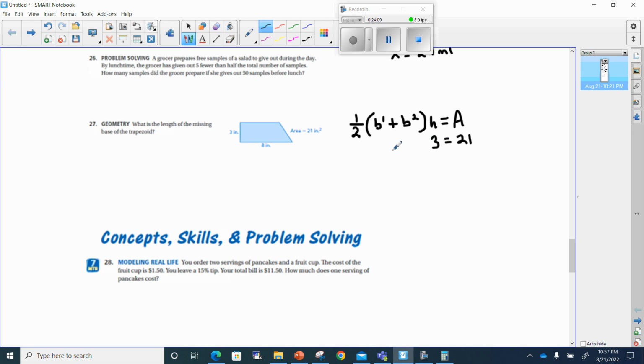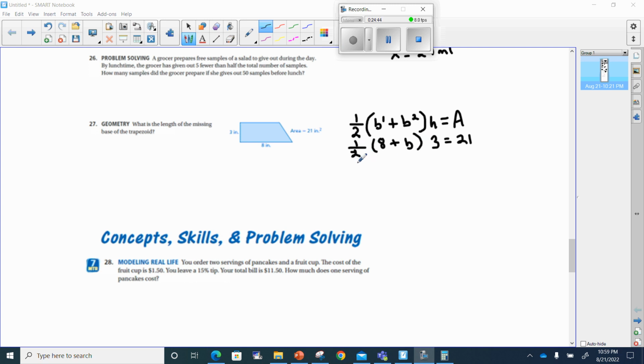Now we're going to have to find out what B1 and B2 are. That's a little harder because B1 is going to be 8. So we have 1/2 of 8 plus a number times 3 equals 21. The first thing we see is we can't go ahead and do the parentheses, but I can multiply this 1/2 times 3.